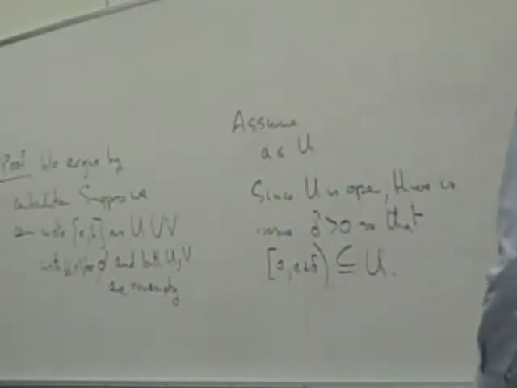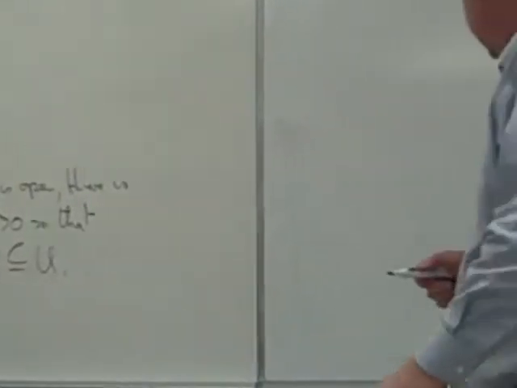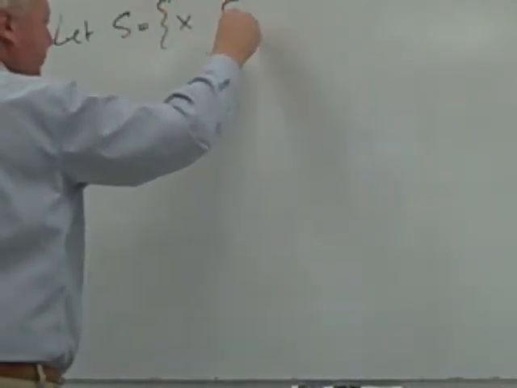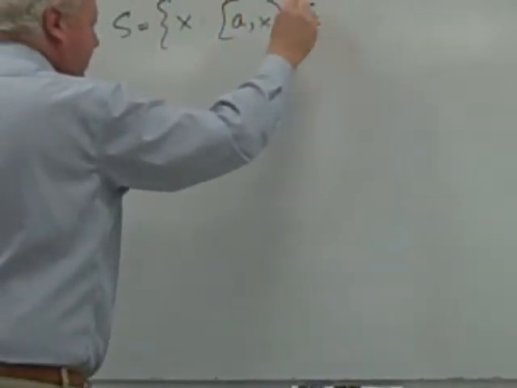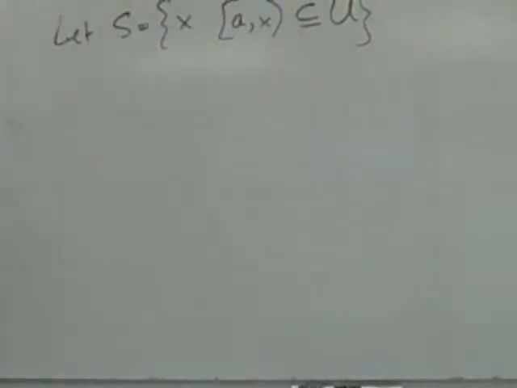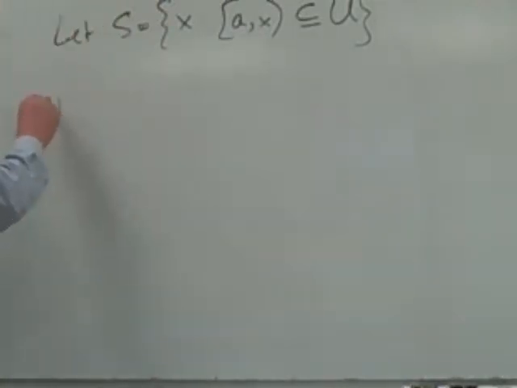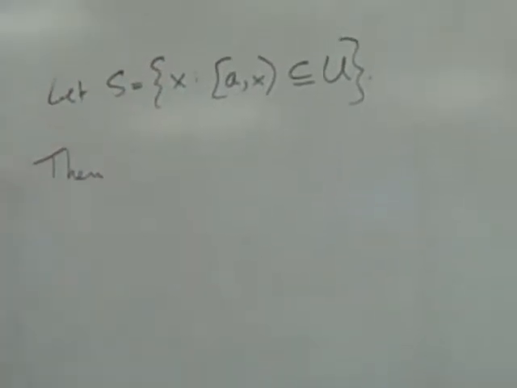So what we're going to do is we're going to move from left to right, starting at A, and we will only stop when we finally encounter a point from the other set, V. So let S be the set of x's with the property that the half-open interval from A to x is completely contained in U. What can we say about S?